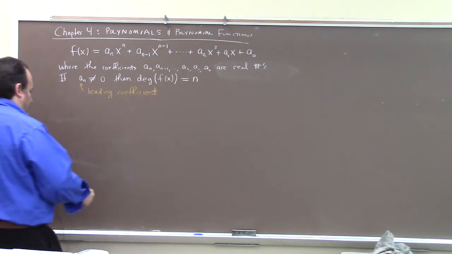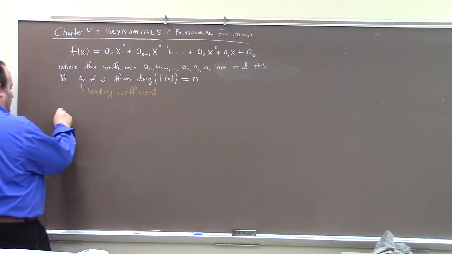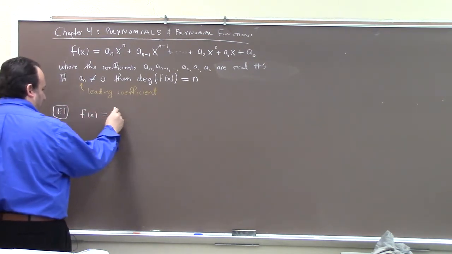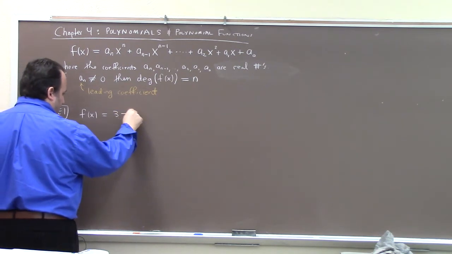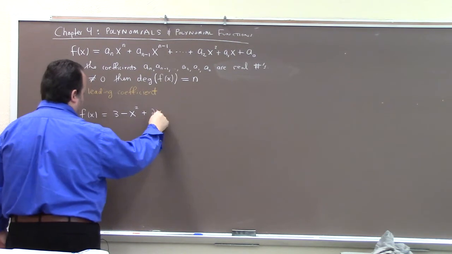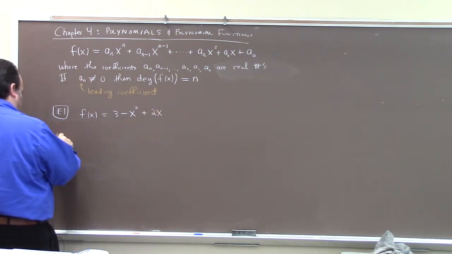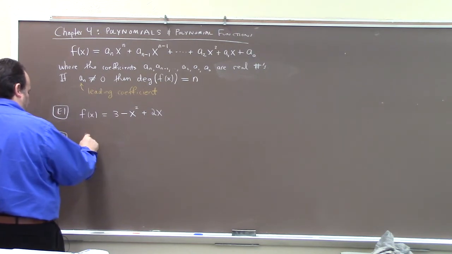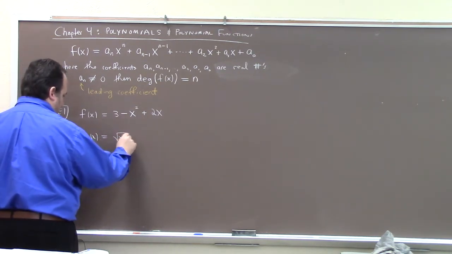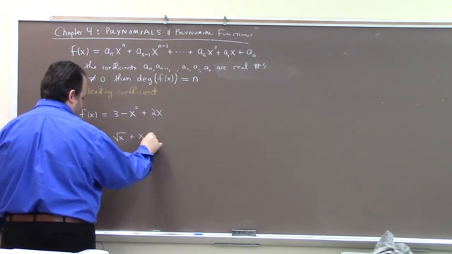So just some examples. Example 1: f of x equal to 3 minus x squared plus 2x. Example 2: g of x equal to the square root of x plus x plus 3.